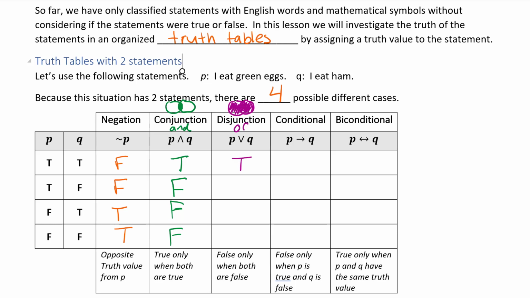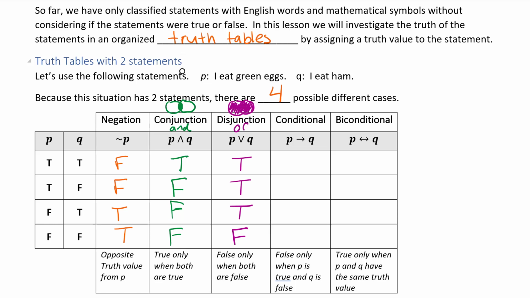True, false: at least one of them is true, so the whole thing's true, because or could be one or the other. False, true: one of them's true, so the whole thing's true. What about false, false? If they're both false, then P or Q is also false. So the short way of remembering that is disjunctions are always false when both are false.